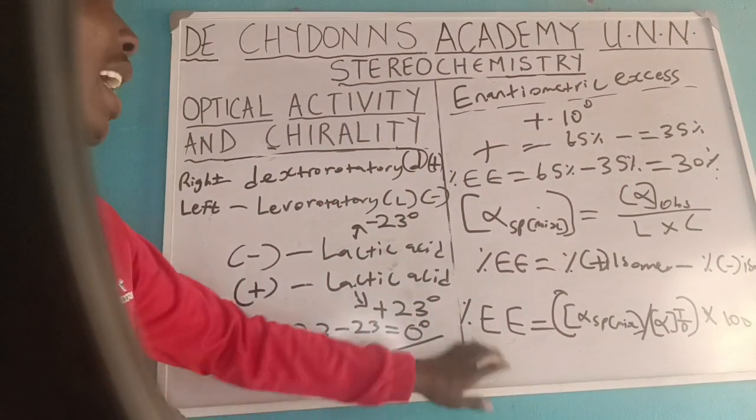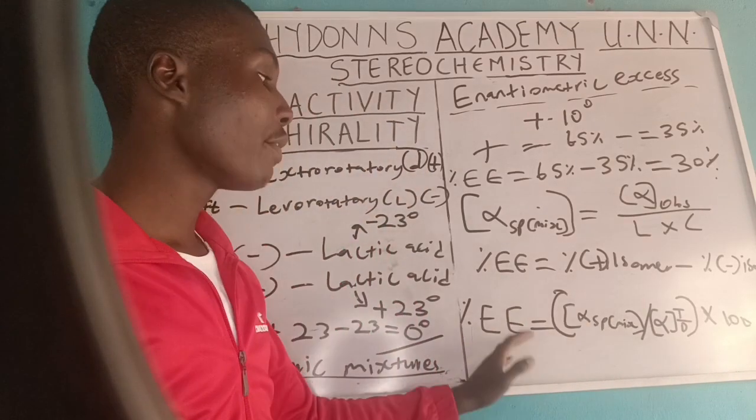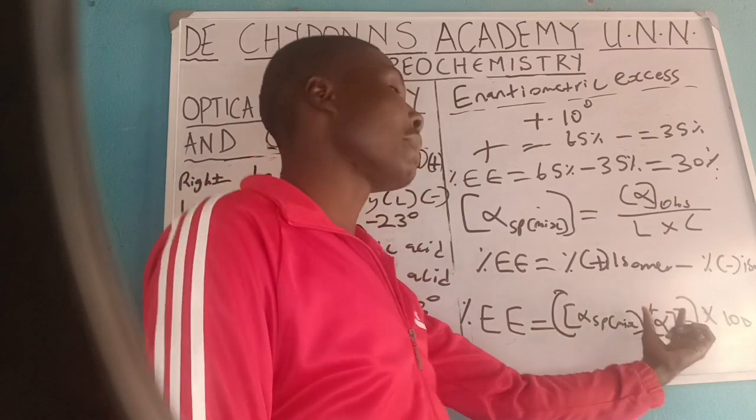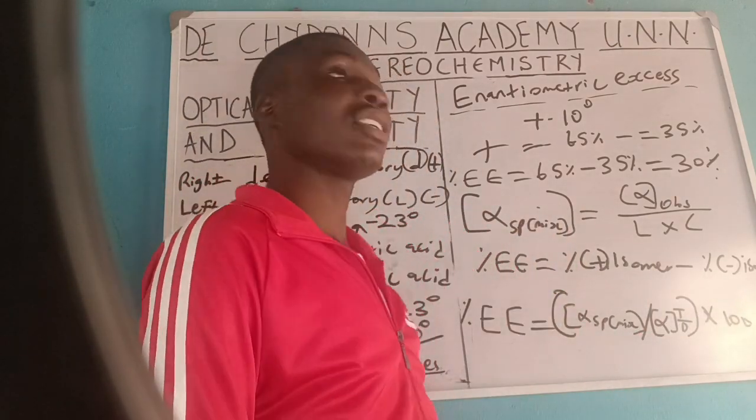So for one of the pure enantiomers, the specific rotation we're having for it, the rotation of the mixture, and then the specific rotation for that particular isomer, multiplied by 100, we get the enantiomeric excess.